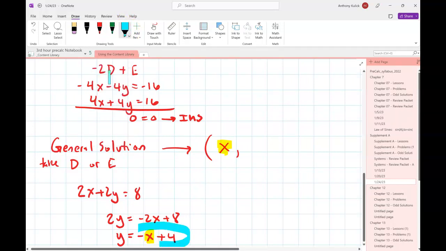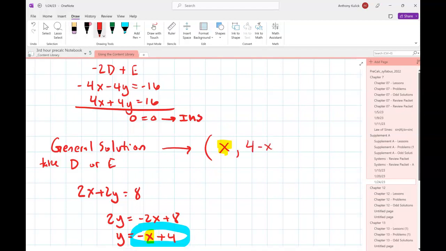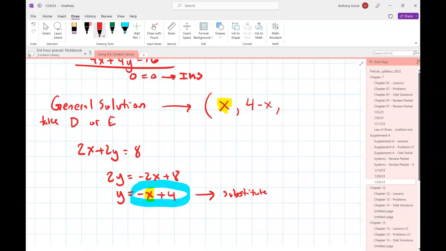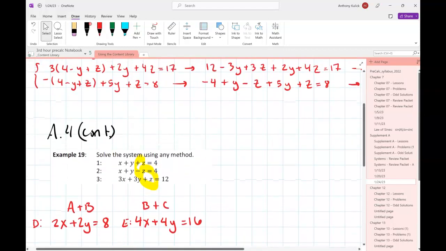We know Y is negative X plus 4, or I'm going to just write it as 4 minus X, because that's one less symbol. And then to find Z, I'm going to take this and substitute it into A, B, or C. It doesn't really matter.